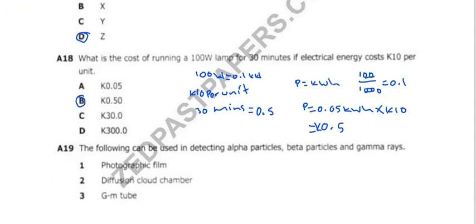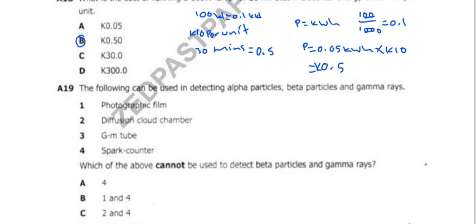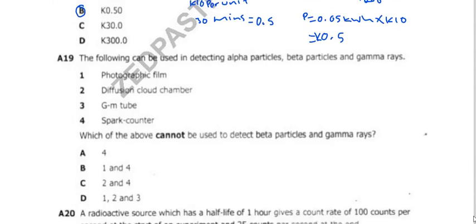We can move on to question number 19. Question 19 says the following cannot be used in detecting alpha particles, beta particles, and gamma rays. We've got photographic film, diffusion cloud chamber, Geiger-Müller tube or GM tube, and the spark counter. The question is very particular.